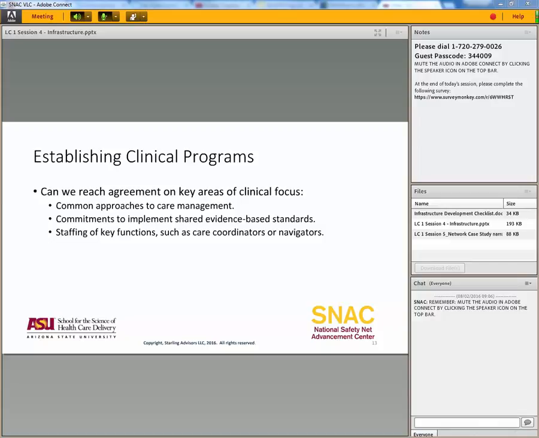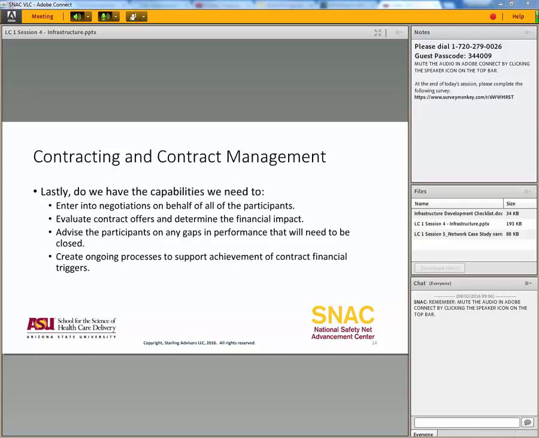In this particular model, there are employees of the network that operate within the hospitals and within the ambulatory care facilities. But there's no such thing as a one-type-fits-all model.